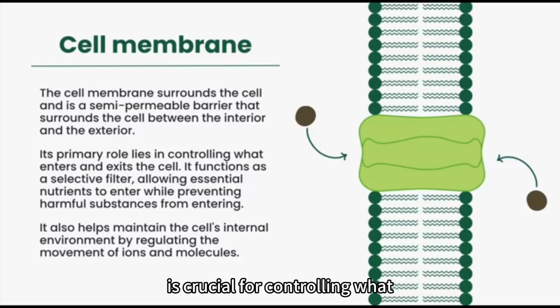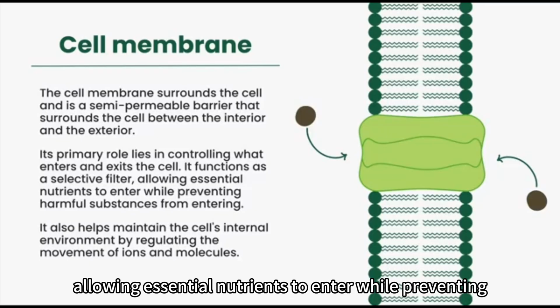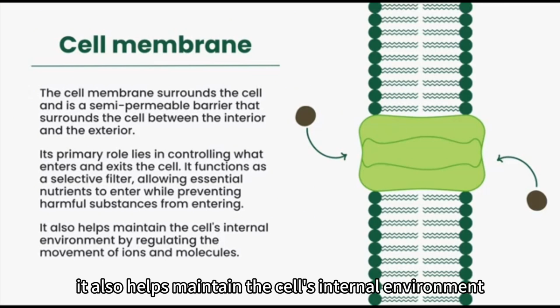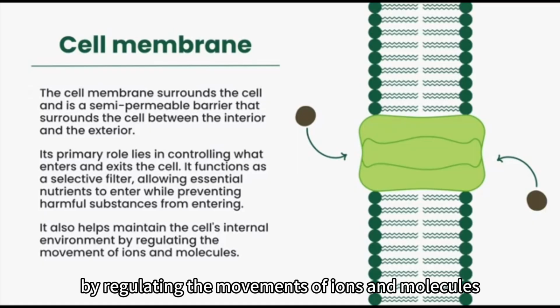This membrane is crucial for controlling what enters and exits the cell. It functions as a selective filter, allowing essential nutrients to enter while preventing harmful substances from entering. It also helps maintain the cell's internal environment by regulating the movement of ions and molecules.